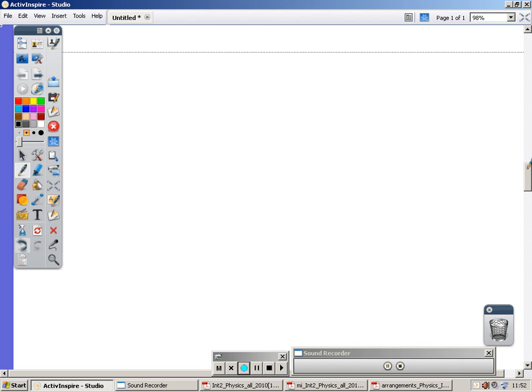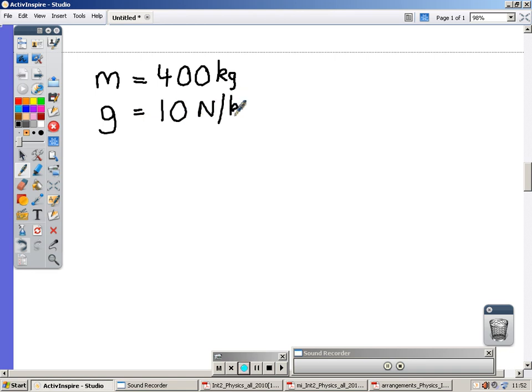So let's again write down what we know. We know the mass of the balloon is 400 kilograms. We know gravitational field strength on this planet that we're on is 10 newtons per kilogram, and we're trying to work out the weight of the balloon, which of course is measured in newtons.